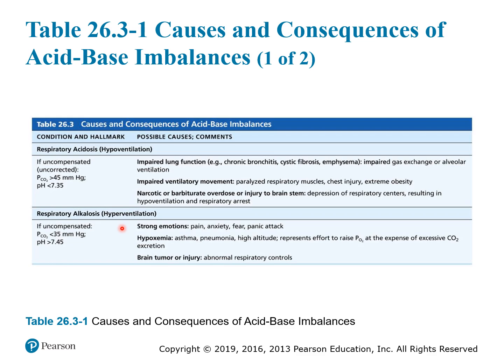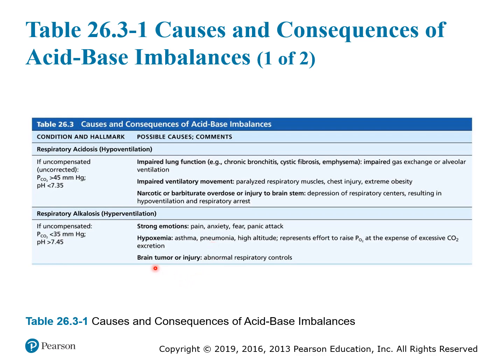And then hypoxemia, asthma, pneumonia, high altitude, they represent effort to raise PO2 at the expense of excessive CO2 excretion. So now the body is removing the carbon dioxide so that the oxygen can take over, and oxygen can cause the respiratory drive.